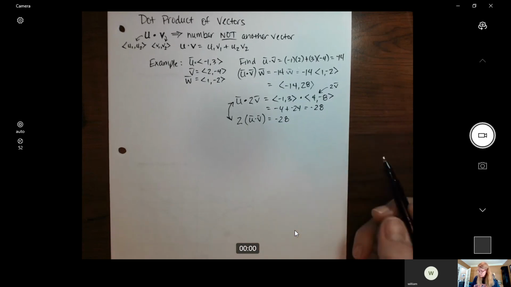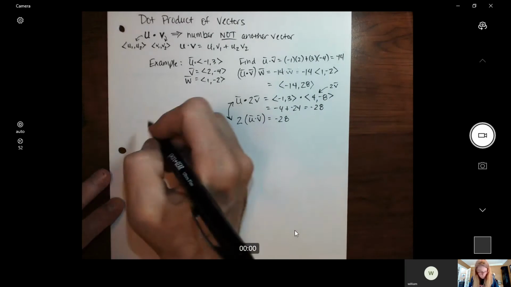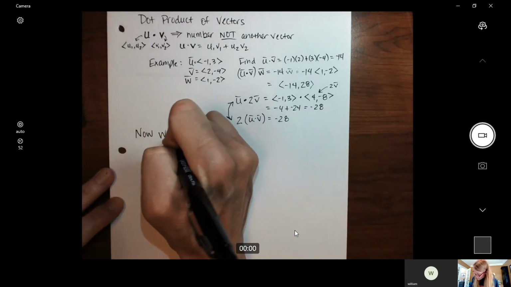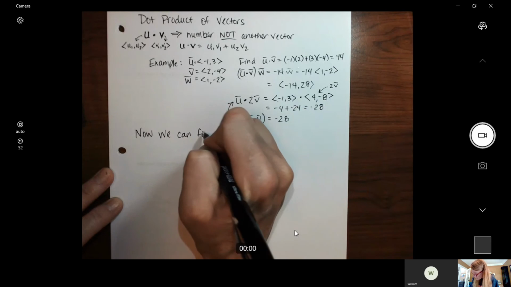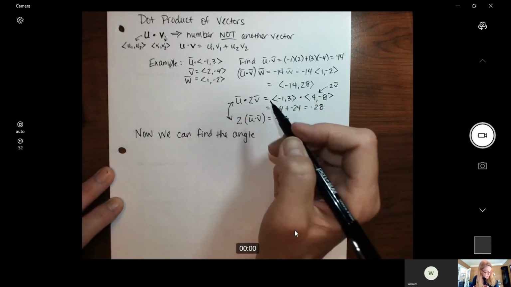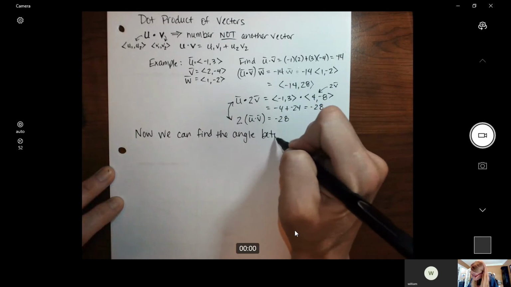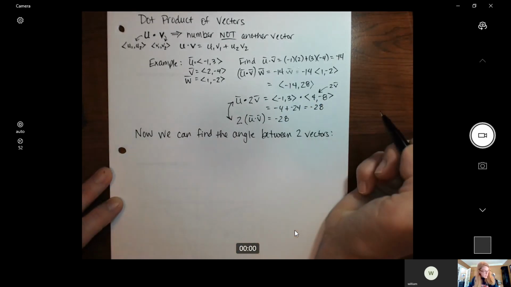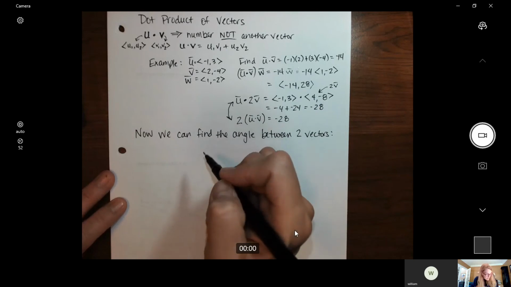All right, so why are dot products important? Dot products are important because now we can find the angle between two vectors. And that formula looks like this.